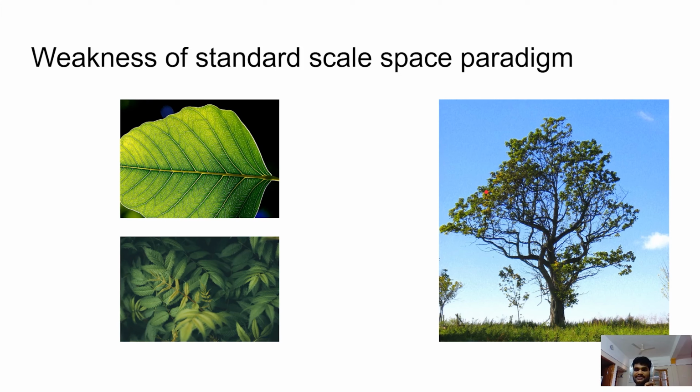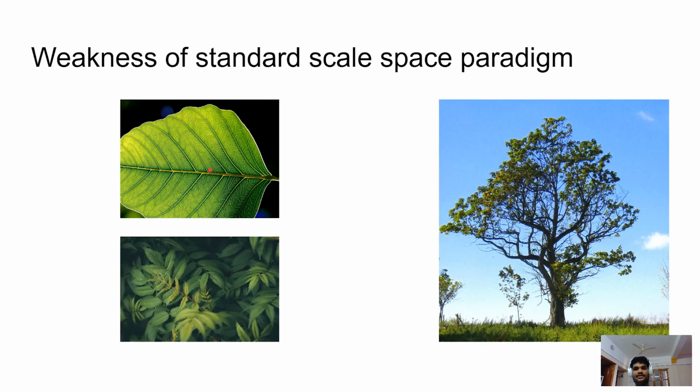Now that is a problem over here. We don't want the edges to be blurred. And if there is any image like this, if we apply a Gaussian blur to this image, we lose the inner information of the leaf. Now that's a problem. We do not want to lose the inner information of the leaf.